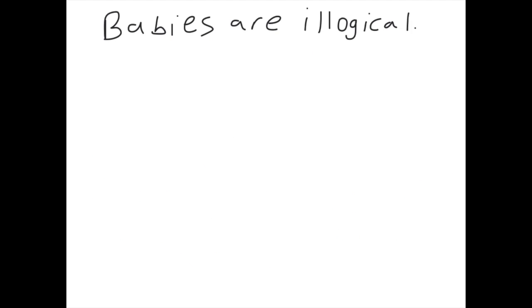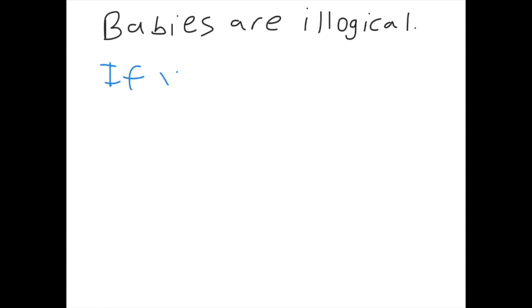All right, let's look at one more. Babies are illogical. So only 3 words, but we can still turn this into a conditional statement, an if-then statement. So babies are illogical. So first we're talking about babies. So that means in order for this to work, someone has to be a baby. So that's the thing we're assuming, the hypothesis.